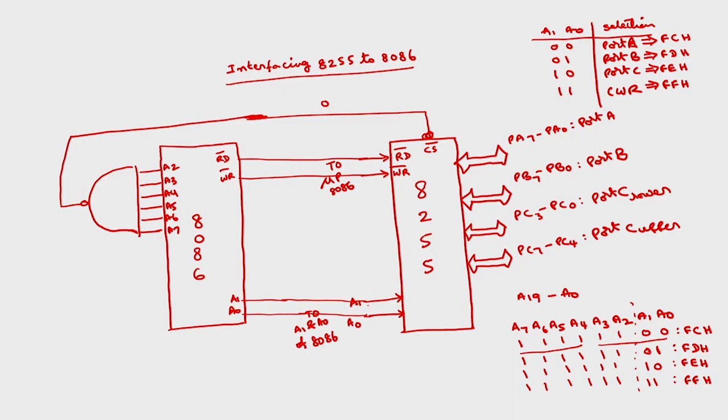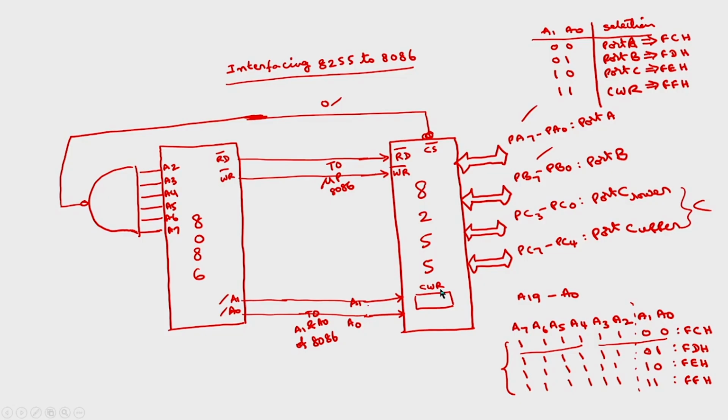If any one of the inputs is 0, the output is 1. So only for these particular 4 combinations does the output of the NAND gate become 0, thereby this chip will be selected. After selecting this chip, A1 and A0 decide, within this 8255, whether we select port A or port B or port C or the controller register which is stored here.